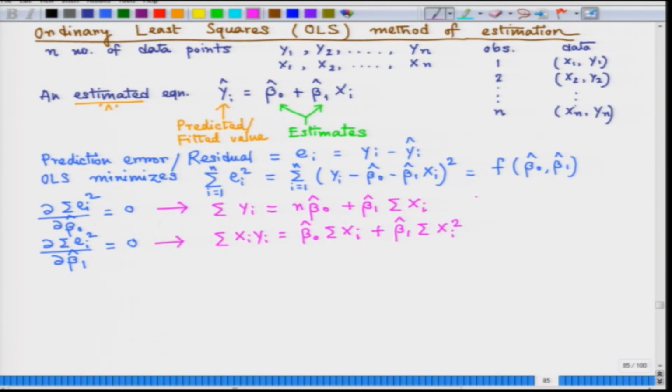These are called the normal equations, and if you solve these two normal equations, you will get beta naught hat and beta 1 hat such that, as a pair, they minimize the sum of squared residuals.